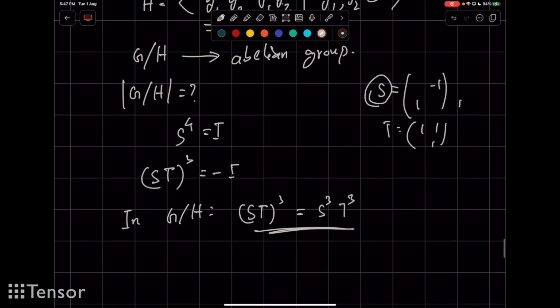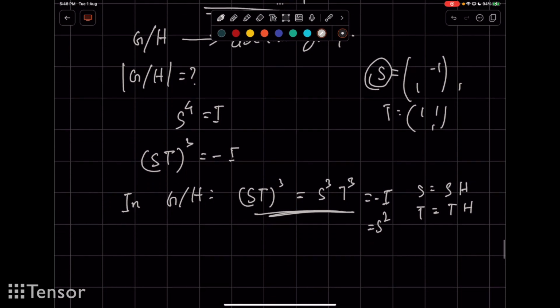So S basically means SH and T means TH, the coset SH and the coset TH. Since in G over H everything commutes, this holds, and this is equal to negative identity. And negative identity is equal to S squared, right? Therefore, S is equal to T to the negative 3, of course in G over H.